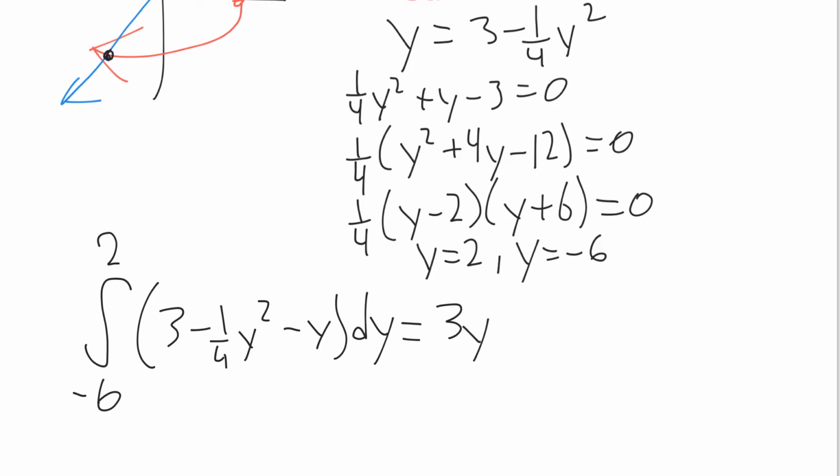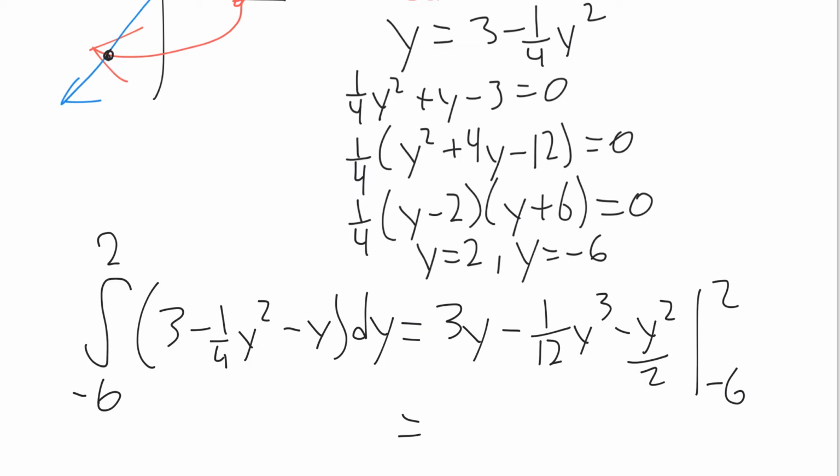So we will have 3y minus 1/12 y to the 3 minus y squared over 2, evaluated from negative 6 to 2. So if you work through all of the algebra and arithmetic, you should get the following answer: 64/3.